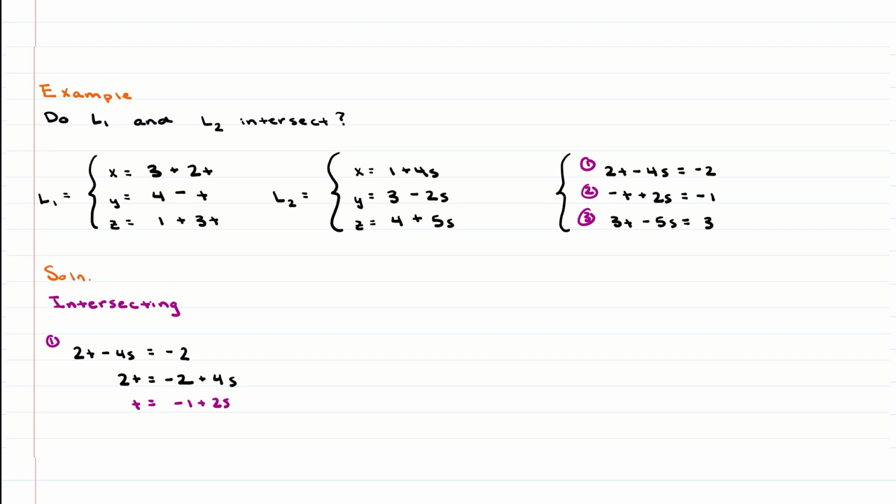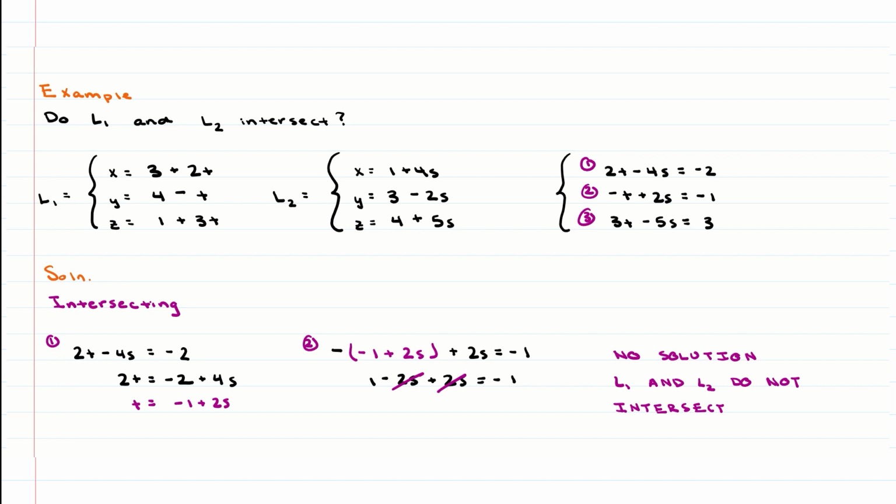So we've got t equals negative 1 plus 2s, and we'll plug this into the second equation in our system, and we'll simplify to get 1 minus 2s plus 2s equals -1. So this -2s and this +2s cancel out, and we see that this system has no solution. And that means L1 and L2 do not intersect.